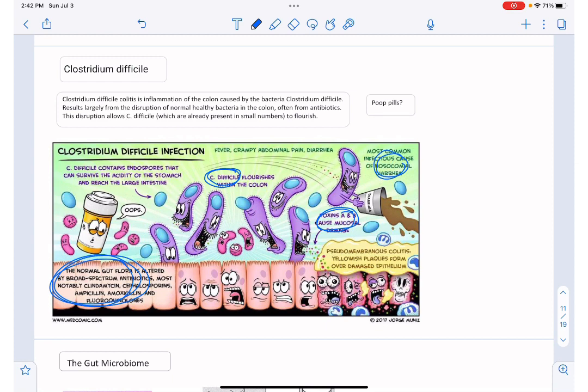And it also relates back to the gut microbiome video that we watched and the possibility of taking poop pills to combat this. So the question is, if you had a C. diff infection in your colon and one of the solutions was to repopulate the colon with beneficial bacteria, and you do that by swallowing 30 or 40 poop pills, would you do that?